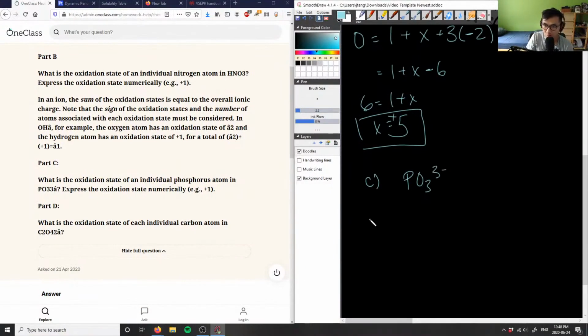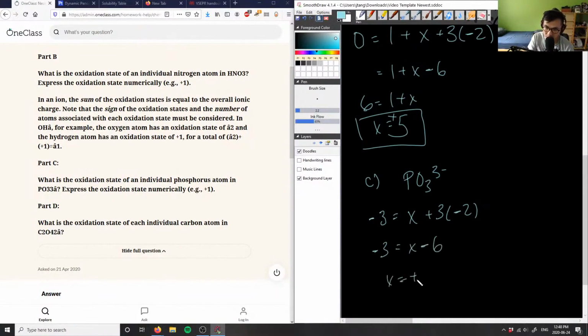Again, the overall charge is going to be -3. We don't know our phosphorus, but we know that our oxygen is going to be 3 times -2, right? We have 3 oxygens, and each oxygen has an oxidation state of -2. -3 equals X minus 6.